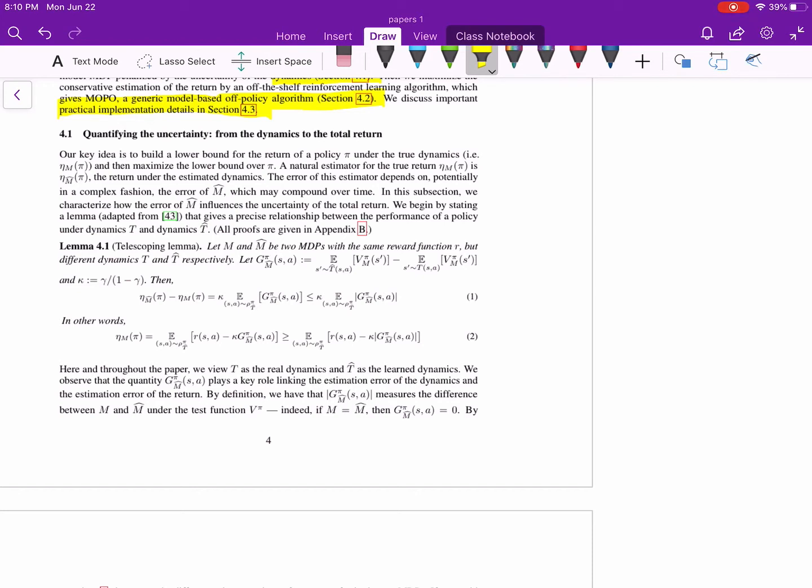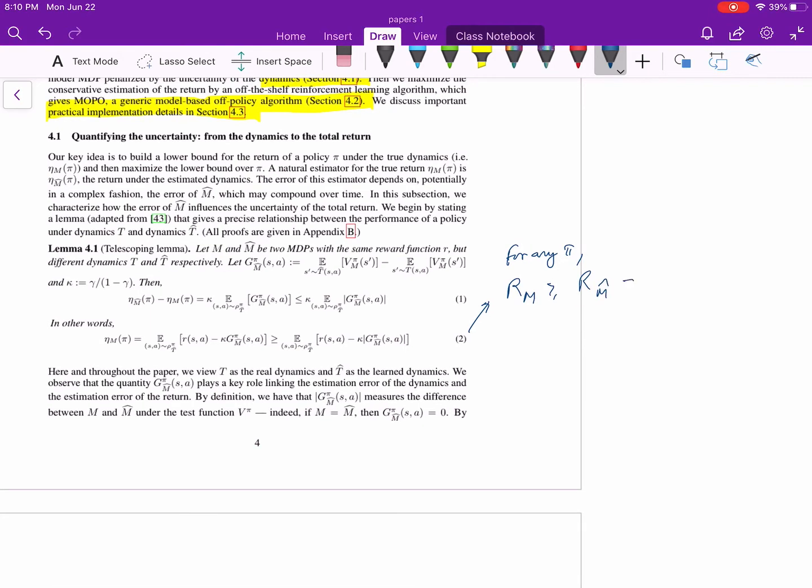What this is saying is, for any policy pi, the expected return of M is greater than or equal to the expected return of M hat minus some constant times the error function of M minus M hat.